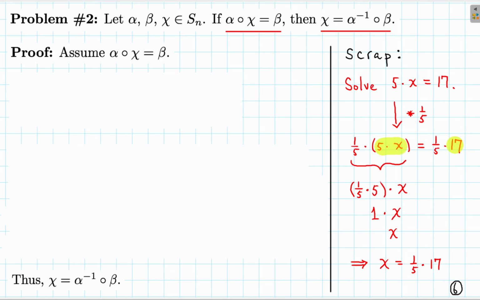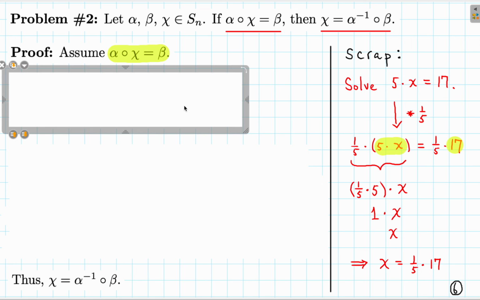So how do we proceed? Well, we start with this equation, and just as in the scrap work, we multiply both sides by 1/5, which, by the way, is the multiplicative inverse of 5.